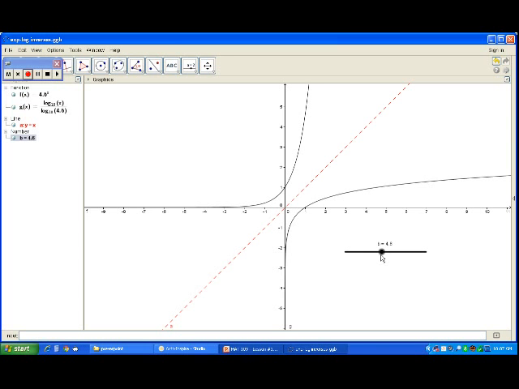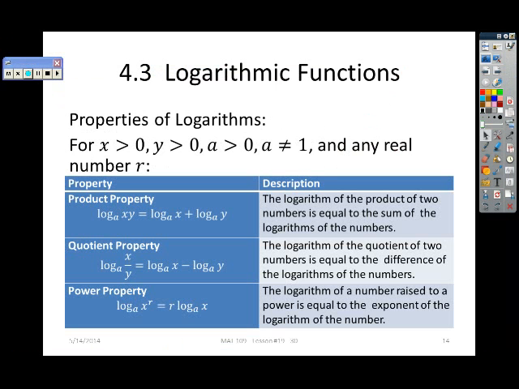And just like before, any point here would have the mirror image point over here. So 0, 1 is going to have 1, 0, and so forth. So that's what the logarithmic function looks like.